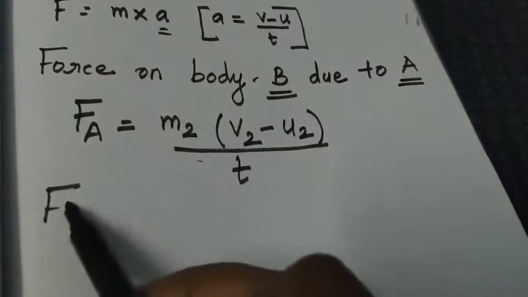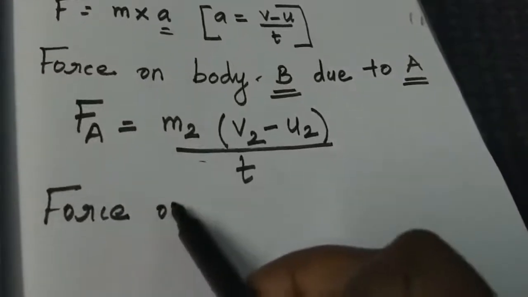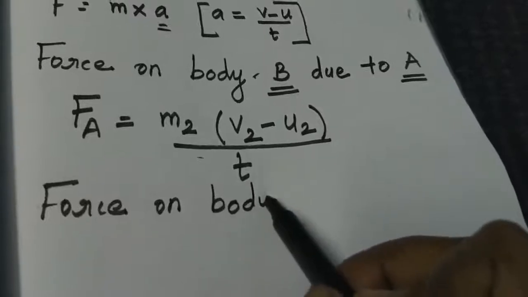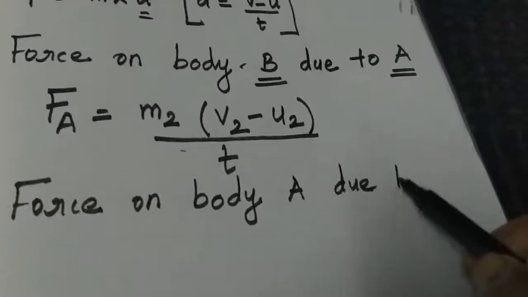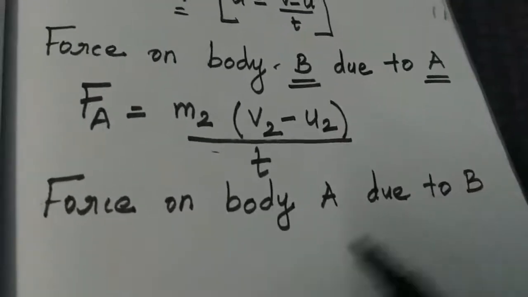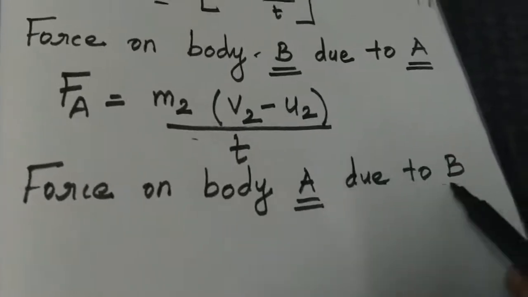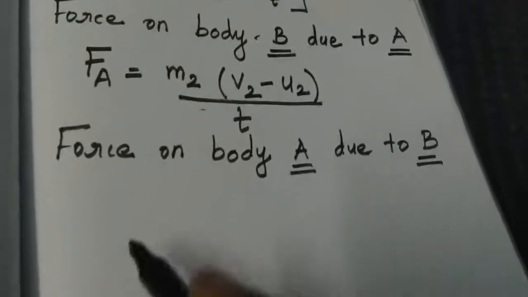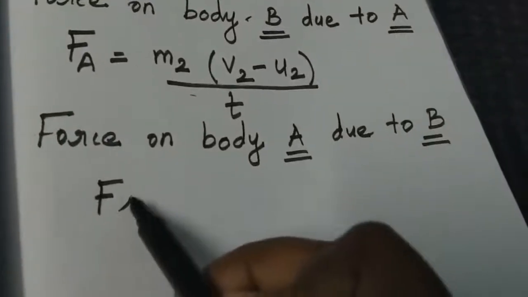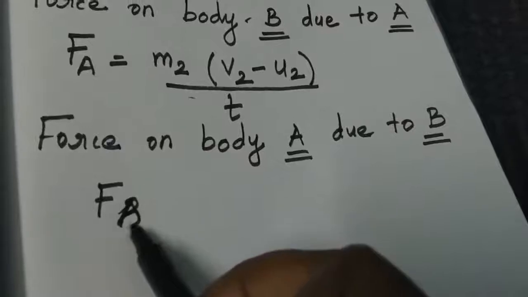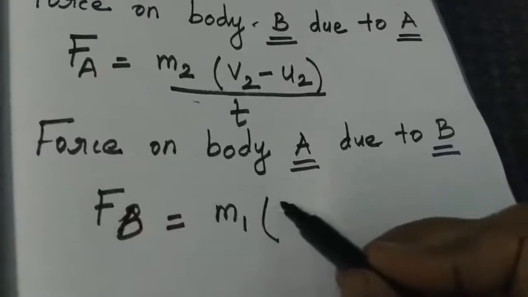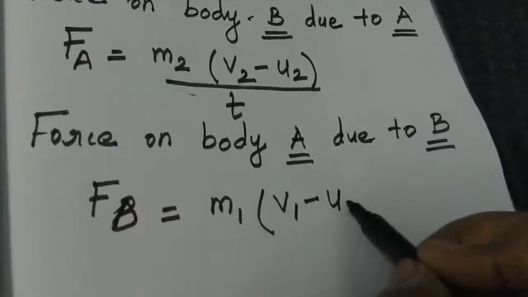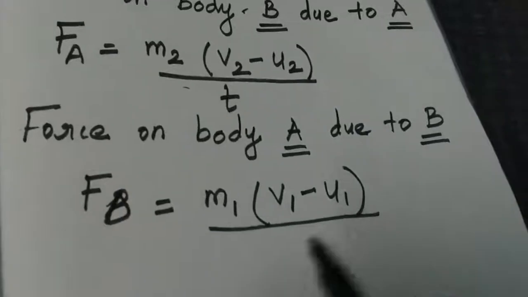And then the force on body A due to B. Here Fb equal to m1 into v1 minus u1 divided by t.